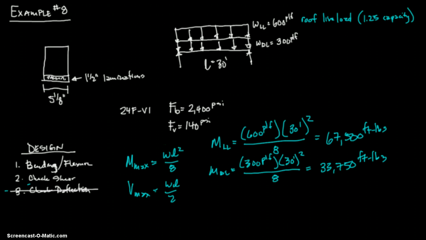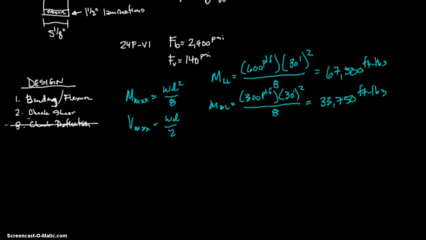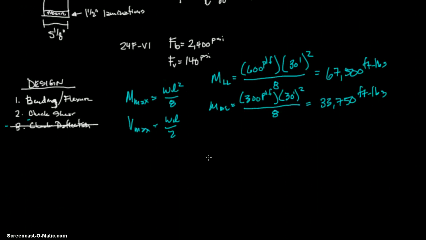Alright. And then let's go ahead and do Vmax as well for both. V live load equals, actually let's just go ahead and do M total load equals 67,500 times 1.5 or plus 33,750 equals 101,250 foot-pounds.